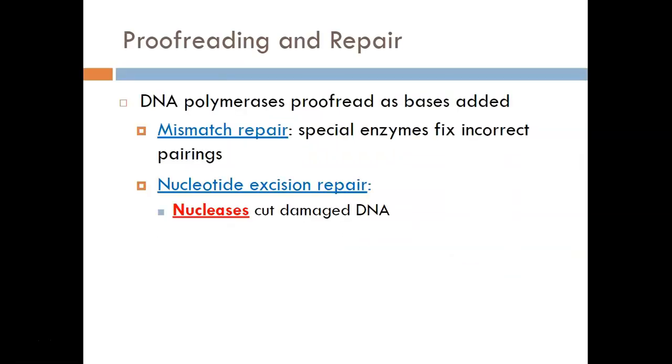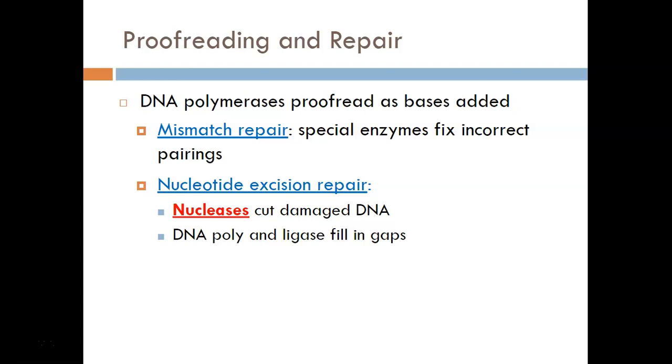Okay, once it's all said and done, you have to proofread, because repair might need to happen if mistakes were made. So DNA polymerase does have the ability to kind of proofread what it did. There are special enzymes that will come in and say, whoop, you made a mistake, a typo, and kind of swap it out.